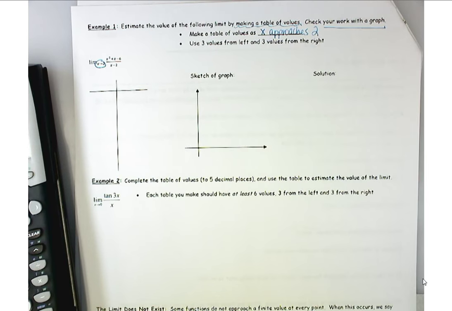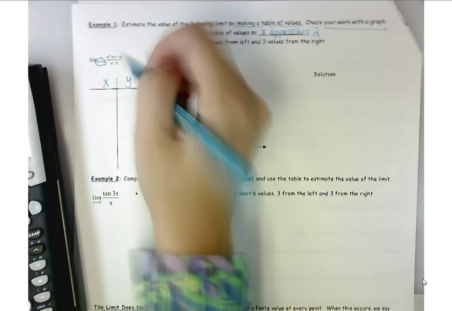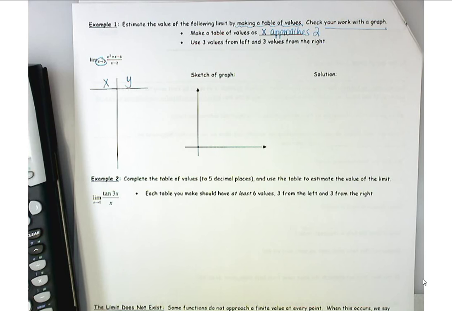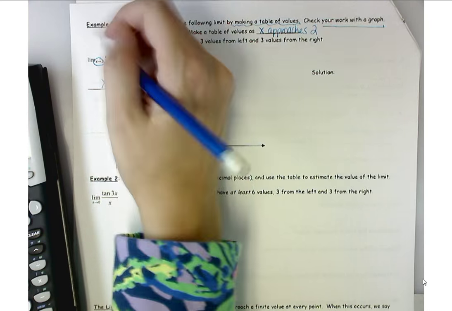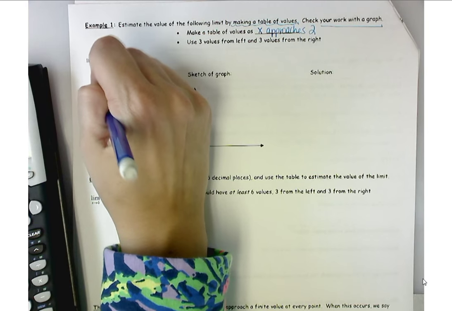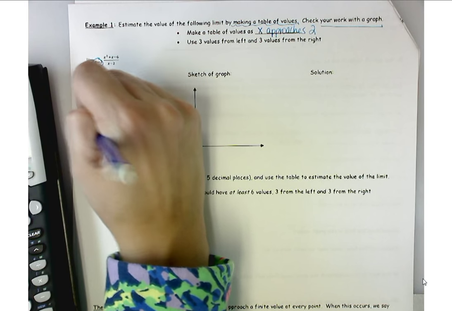Okay, we're going to use 3 values from the left, and we're going to use 3 values from the right. And this time I'm going to switch up my values a little bit. So from the left, maybe I'll use 1.99, 1.999, and 1.9999.